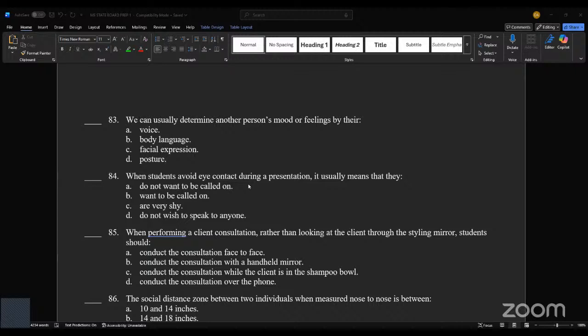84. When students avoid eye contact during a presentation, it usually means that they do not want to be called on, want to be called on, are very shy, or do not wish to speak to anyone. 84, we see this all the time. They do not want to be called on. They will look down, they'll look around.